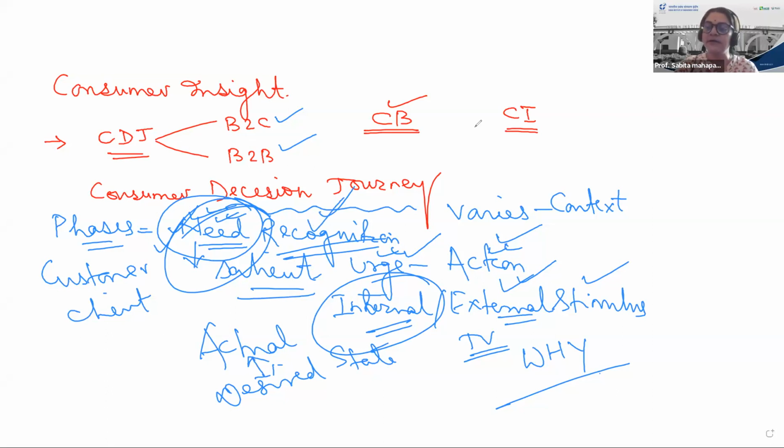As a consumer, if I don't recognize there is a need, naturally, I will not go for the product. But if I recognize there is a need, there will be an urge, and the urge will result in action. I said this need recognition can happen either through an internal stimulus or an external stimulus.